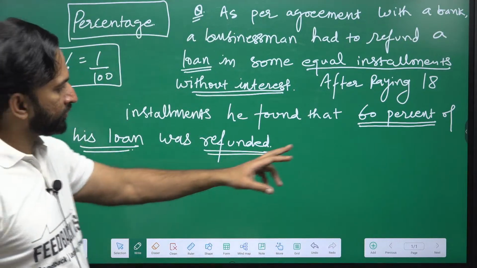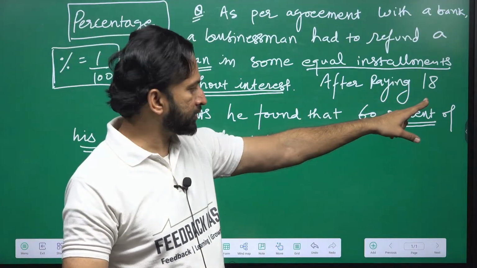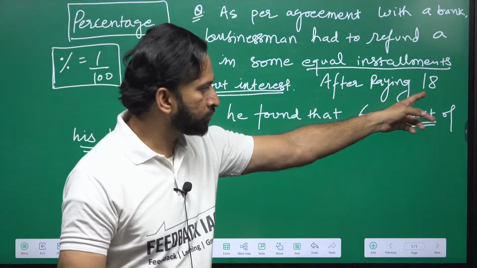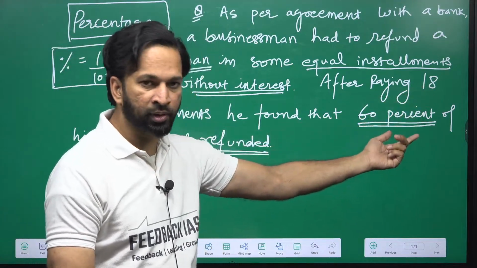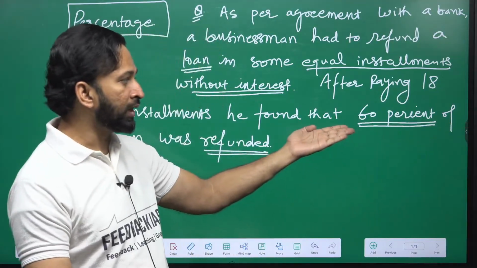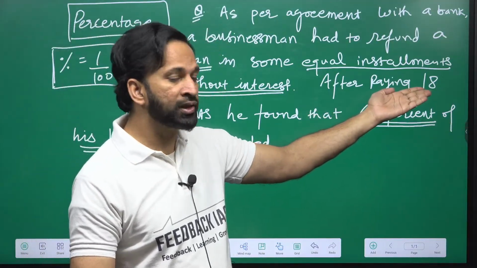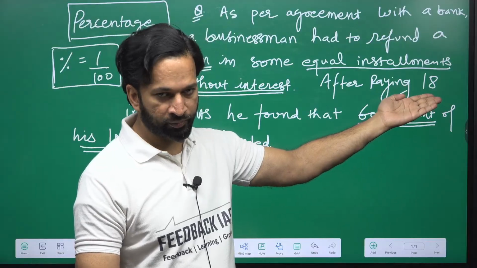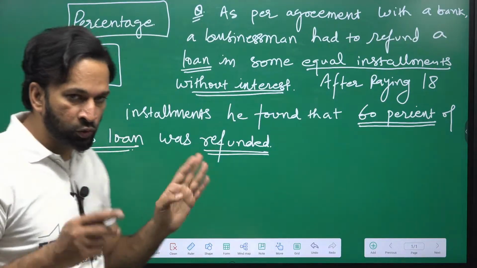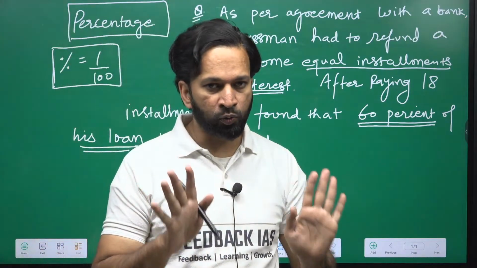So we know that 18 installments is equal to 60%. So we have to bring 18 to that number which makes it 100%. In that way we will get how many installments are required to pay 100% of the loan. But still we don't know the amount of loan.